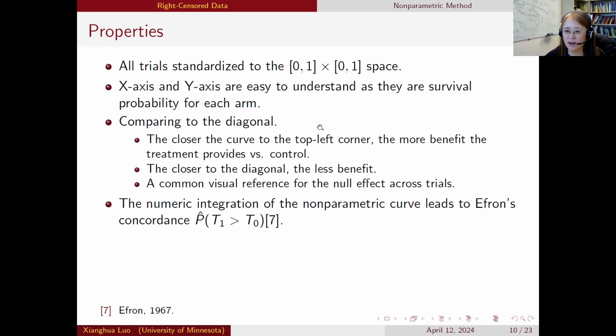Unlike ROC, where we need to check our epi textbooks to remember what the axes are, here it's very clear the two axes are survival probability.